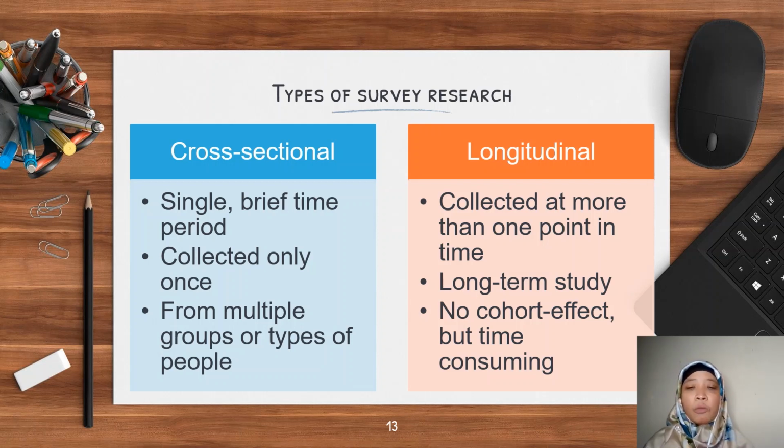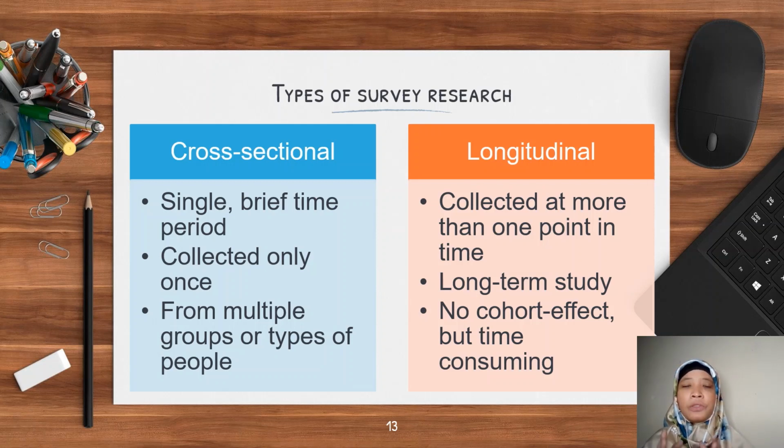Longitudinal is collected at more than one point in time. So for example, you collect data from someone who is 18 years old right now, and then you collect data from that same person when he or she is 28, and then again 10 years later, at 38, with the same person or the same group of participants, the same sample group.